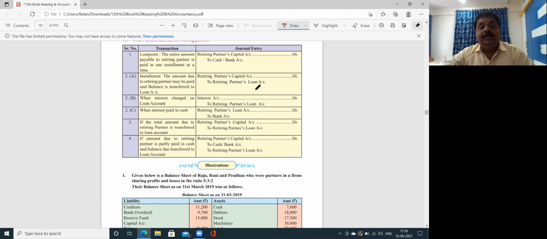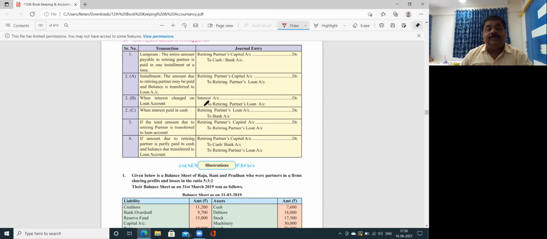So if you are doing the payment immediately, then the first entry applies, retiring partners capital to cash or bank. If you are doing the payment in installments or later on, then the retiring partners capital balance is to be transferred to retiring partners loan account.